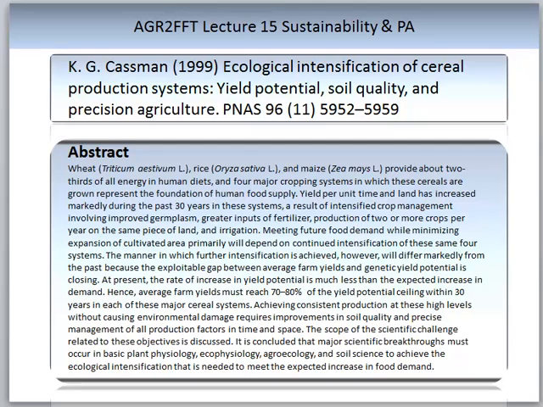In a paper by Cassman in 1999, the ecological intensification of cereal production systems was evaluated. Yield potential, soil quality and precision agriculture were all discussed. This introduces us nicely to PA and sustainability.